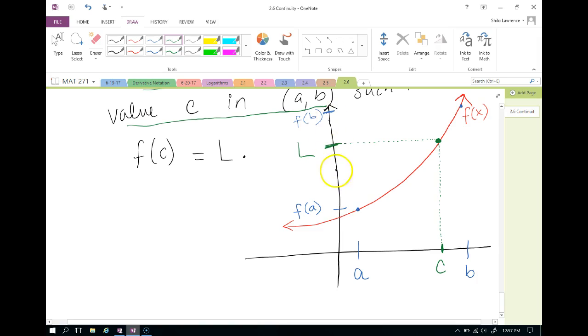If you have a y value in between f of A and f of B, it should correspond to an x value in between A and B. If you're working with a continuous function, that should always be true.